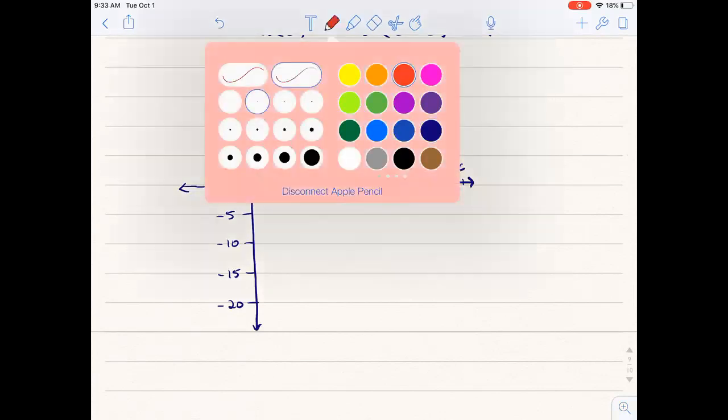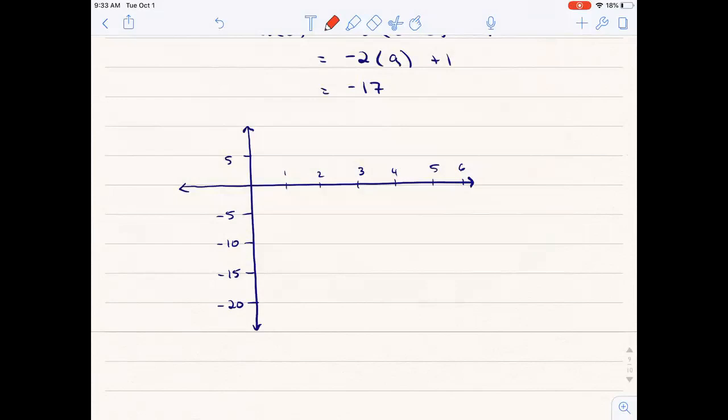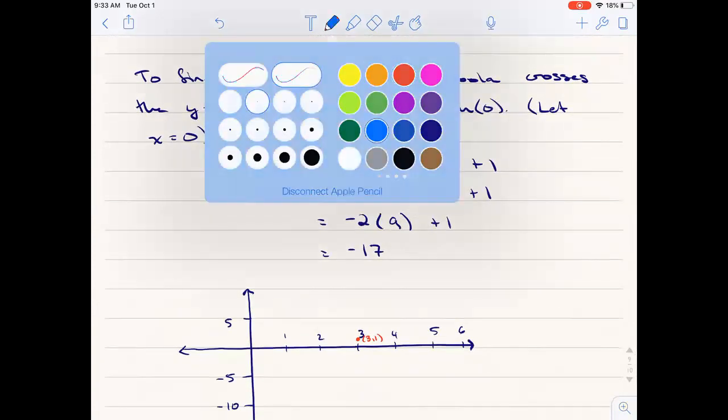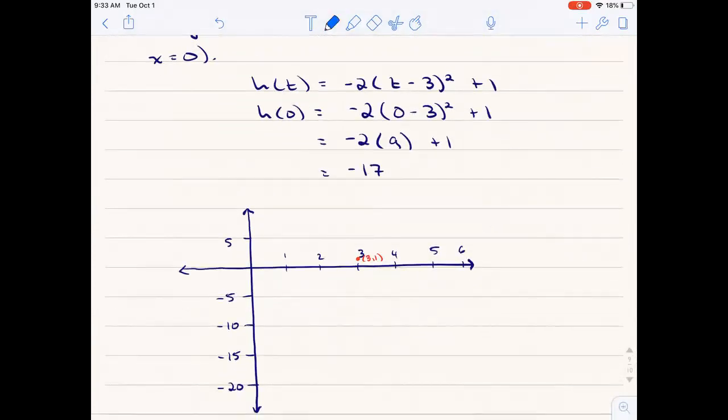Okay. So let's start with that vertex. The vertex we said was where? At 3, 1. So kind of down here. My huge y scale screwing us up. But then I also have points where it crosses the x-axis at 2.29. 2.29, so let's say here, 2.29 and 0.